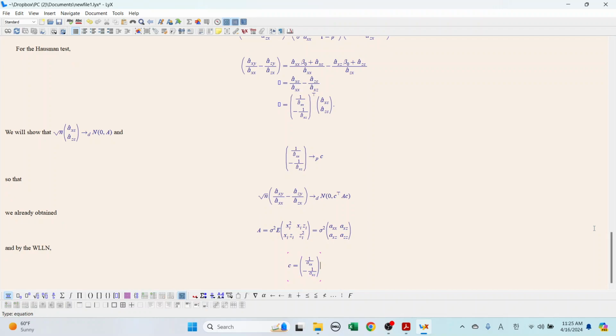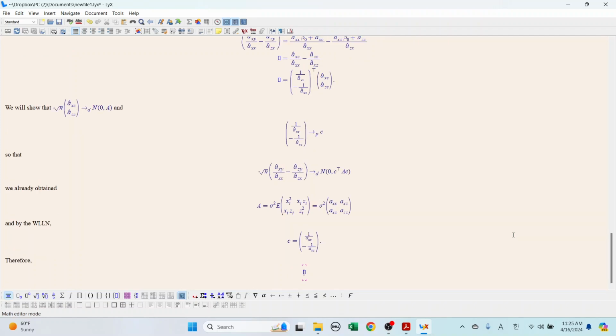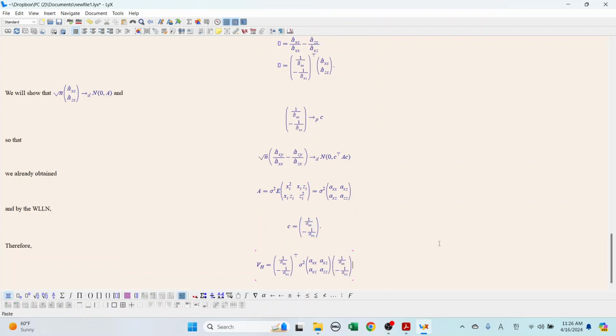Okay, so now you have to calculate. So therefore, the variance for the Hausman test is this transpose, this, times this. Calculate that.